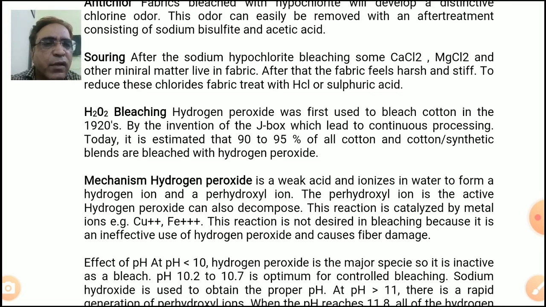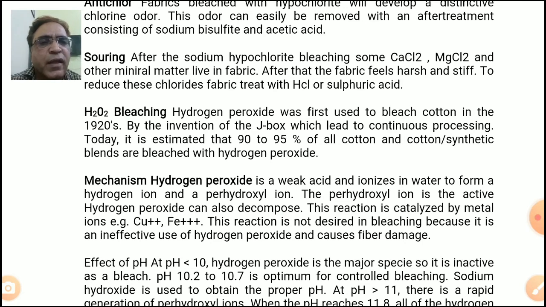When it is mixed with water, it breaks up into two ions. So perhydroxyl ions are formed, which is basically the active bleaching agent which provides our bleaching action.